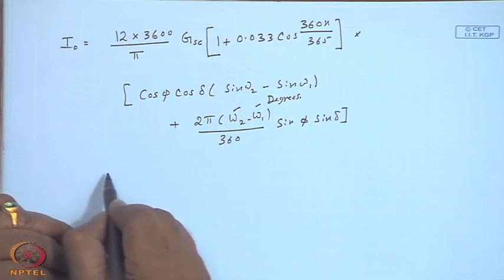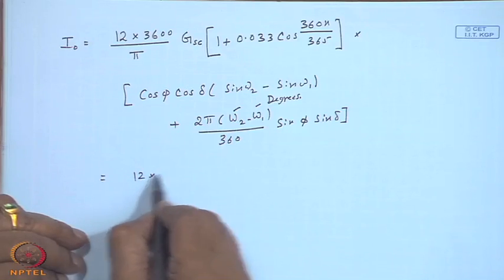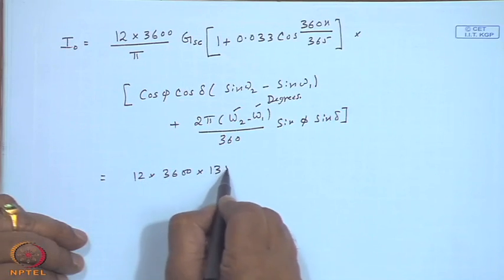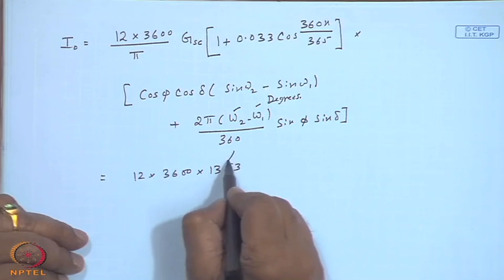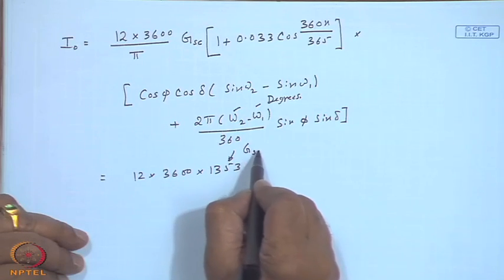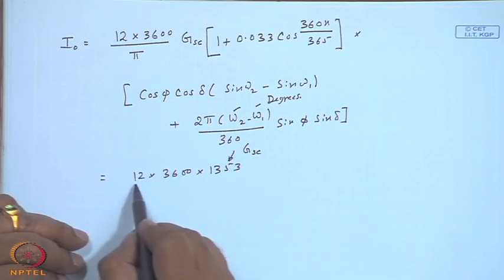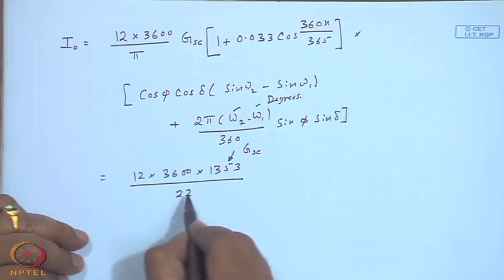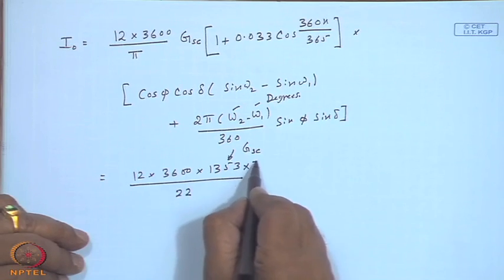So, this will be 12 times 3600 multiplied by 1353. This is the value I use for GSC, 1353 watts per meter square, by pi, 22 by 7.